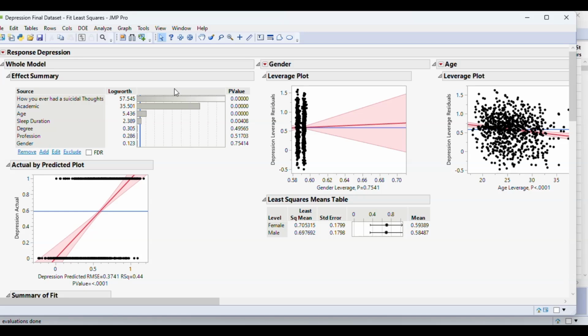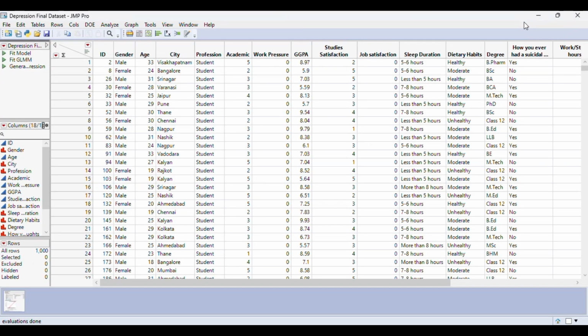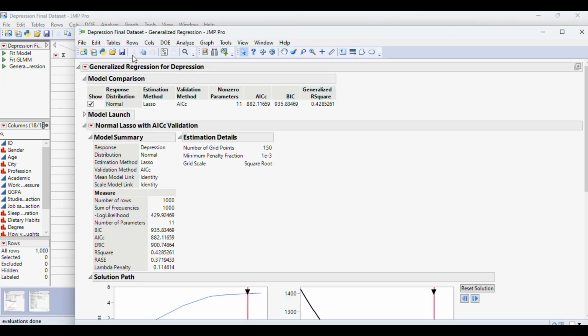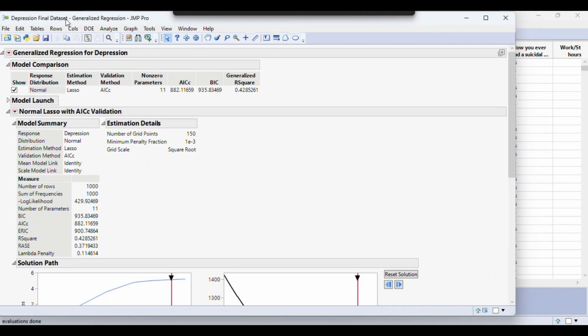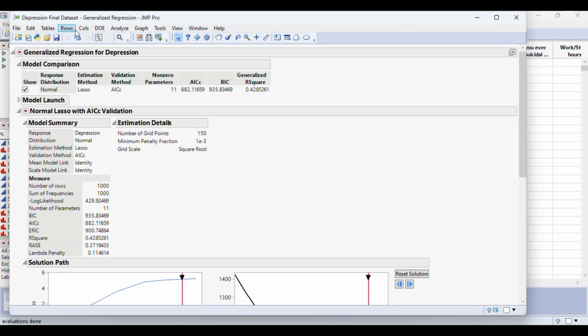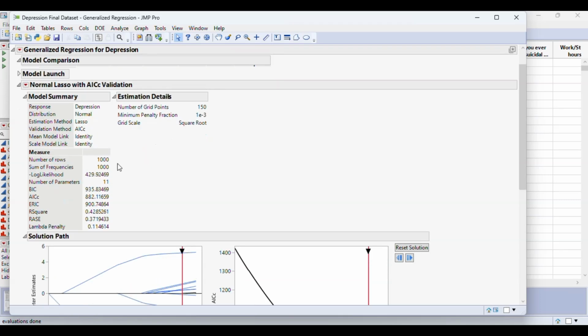Once again, I have a gender regression model that I will show you also. This is the generalized regression table. In this we measured 1,000 responses.